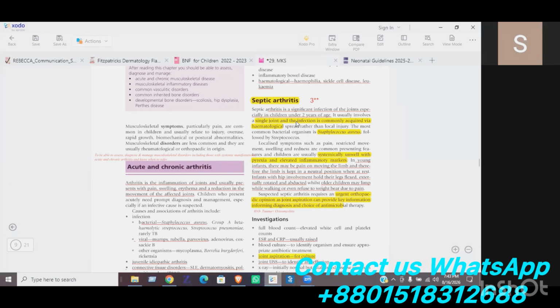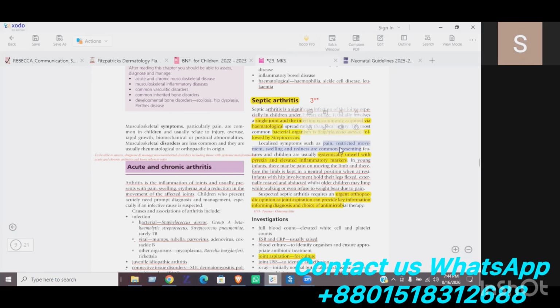Septic arthritis mostly occurs under 2 years of age, usually in a single joint, commonly spread hematogenously. This is important: the most common organism is Staphylococcus, also Streptococcus. Septic arthritis presents with pain, restricted movement, swelling, and redness.